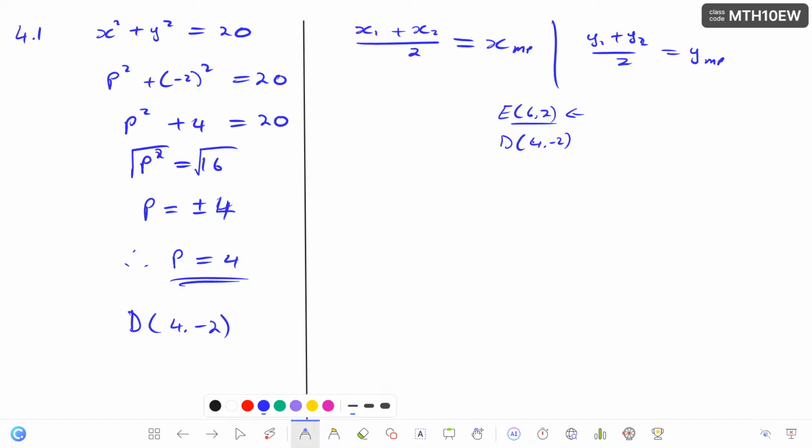So you're going to say x1 is 4 plus x2, we don't know, is the one at F that we are looking for, divided by 2 is equals to x midpoint, which is 6. So we can simply do cross multiplication. So it's going to be 4 plus x2 is equals to 12.